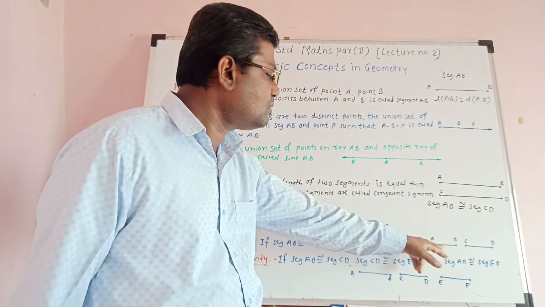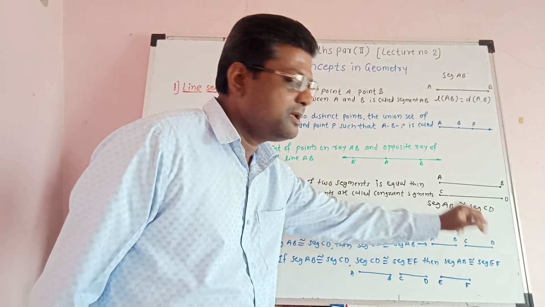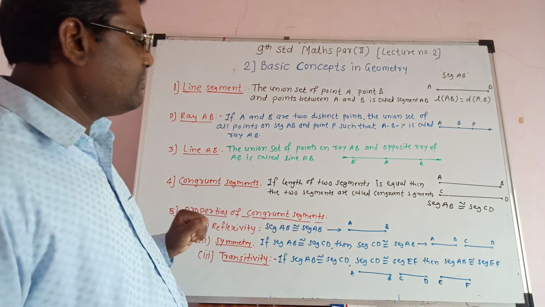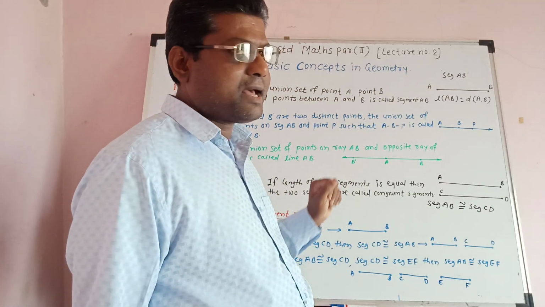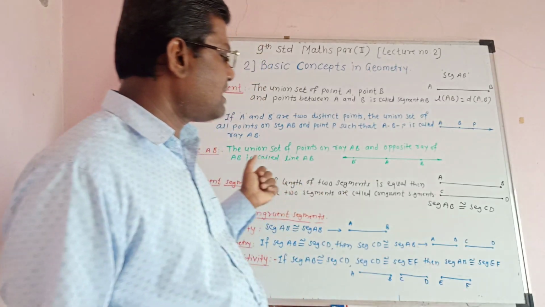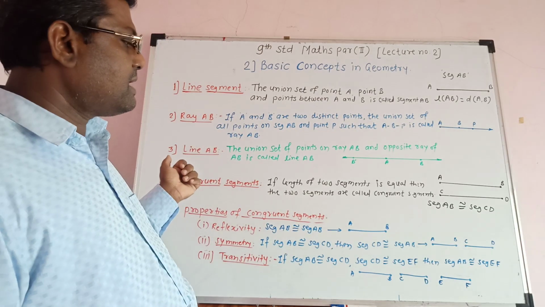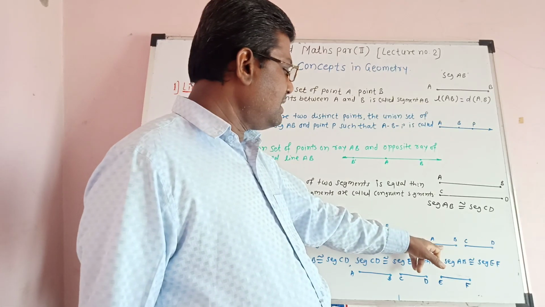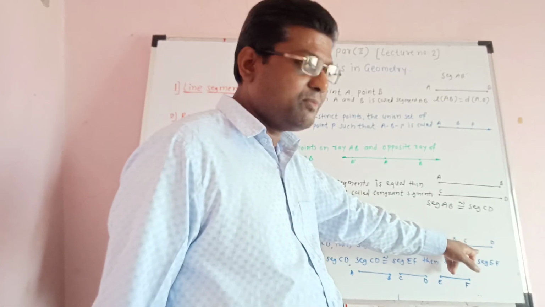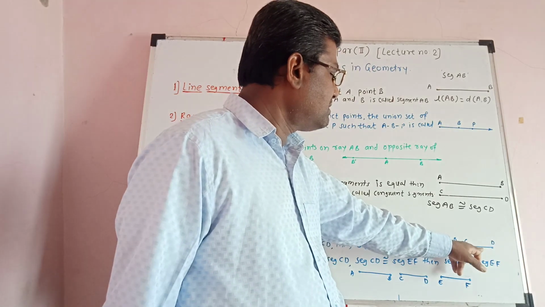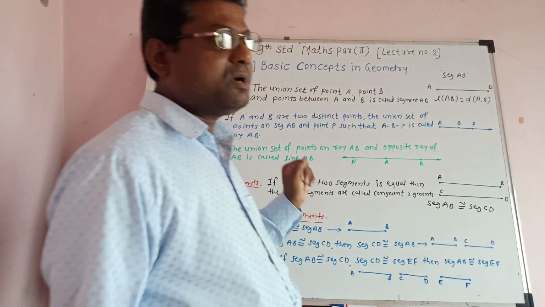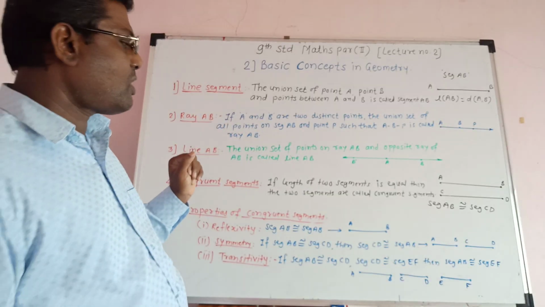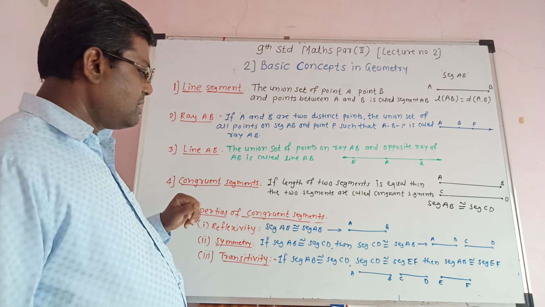If segment AB is congruent to segment CD, then segment CD is also congruent to segment AB. This property is called symmetry.